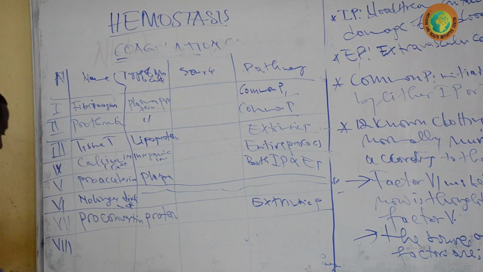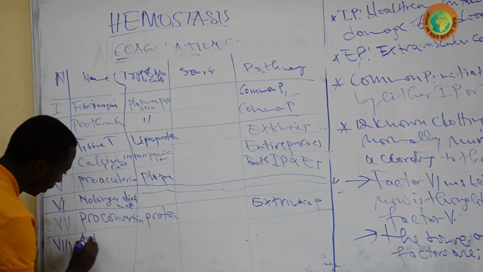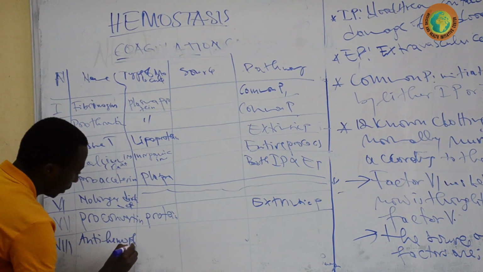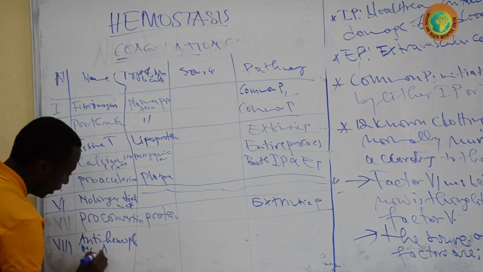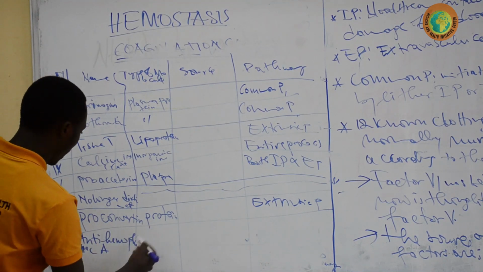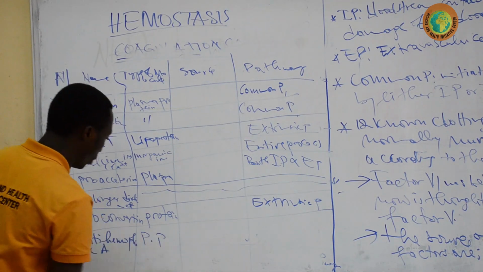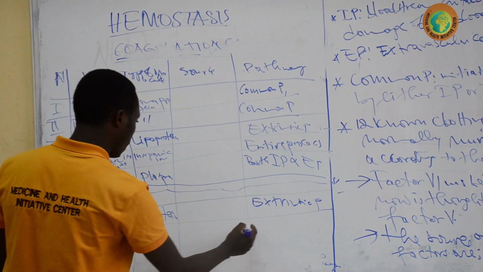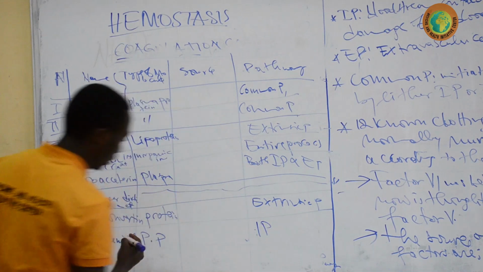Factor 8 is anti-hemophilic A. Of course, it's a plasma protein. It is functional in the intrinsic pathway.